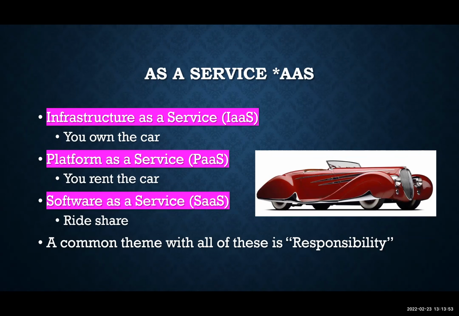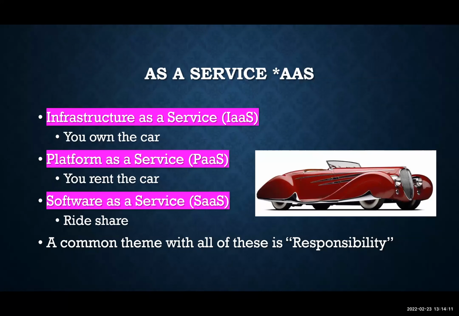If you choose to not change your tires and you go driving down the road and a tire blows or pops or is damaged, that's on you because you neglected to maintain your car. With infrastructure as a service, you own the car.